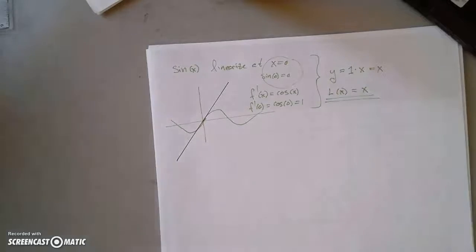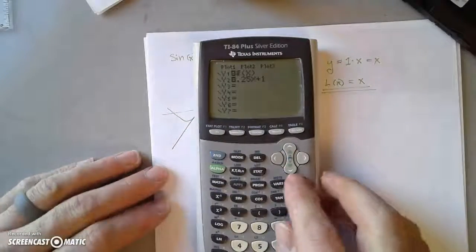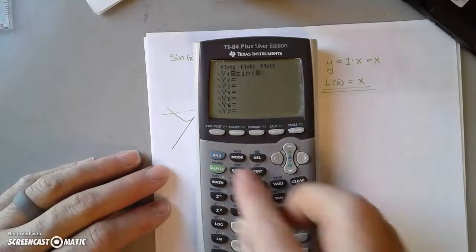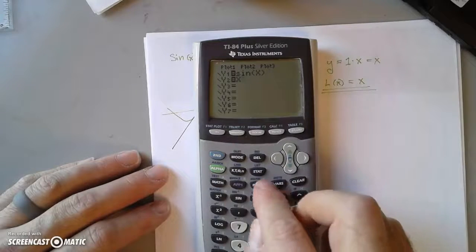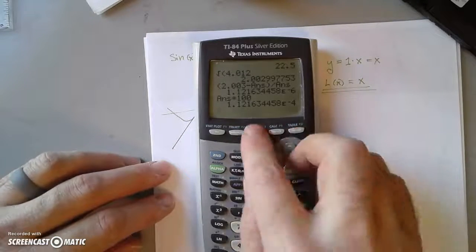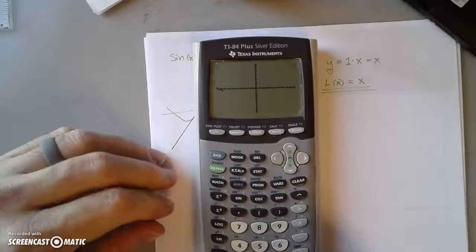Now let's check it. Does that make sense? This is a really easy linearization, but it's used all the time. So sine of x and x, and let's make sure we're in radians. And let's go to standard zoom. Calculator suffering.